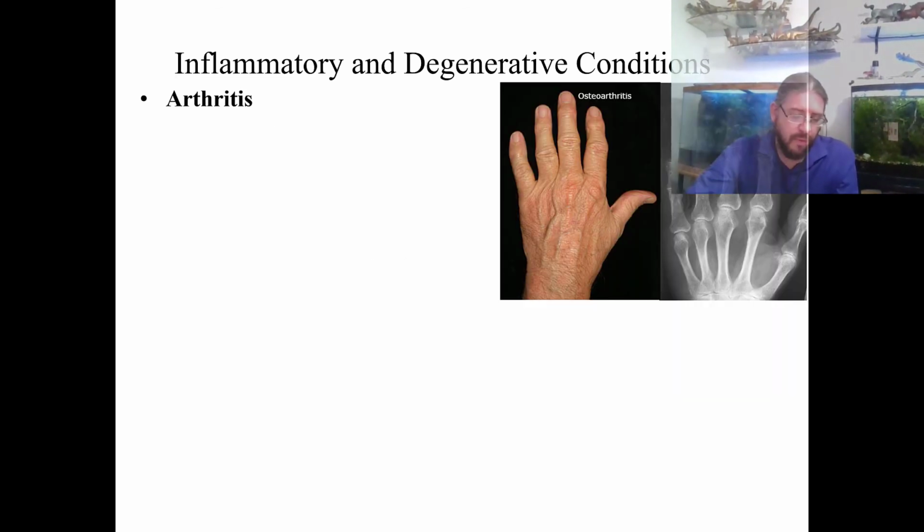So there you go. Then we have arthritis. This is the most widespread inflammatory condition in the U.S. There are basically two forms of arthritis. We have osteoarthritis, which we'll mention in a second, and rheumatoid arthritis.